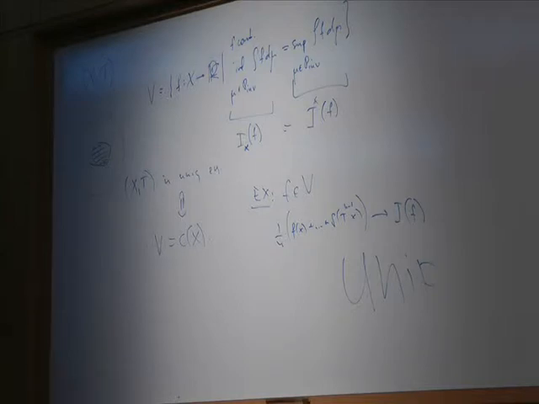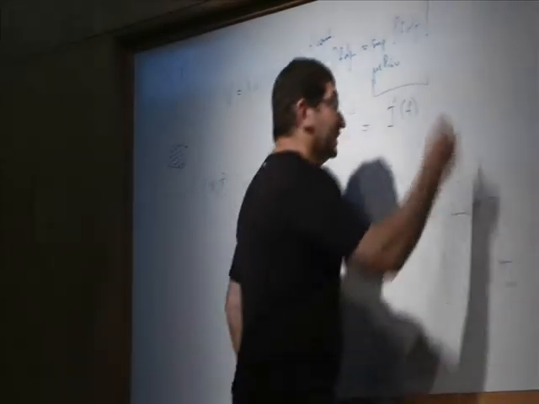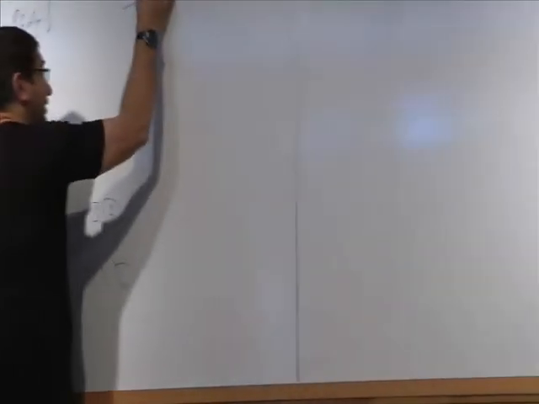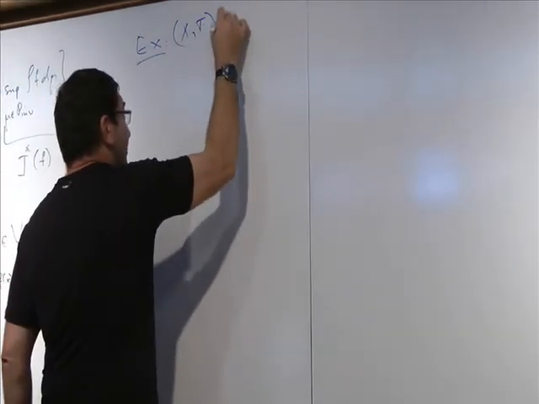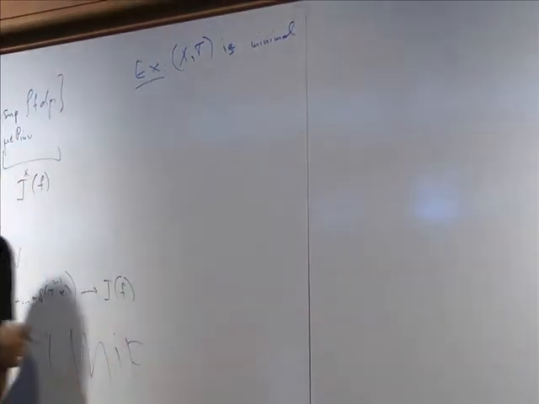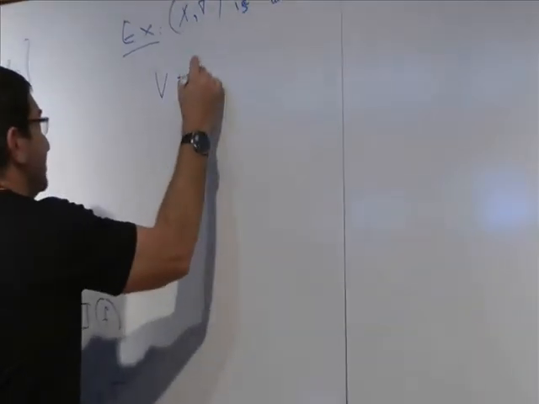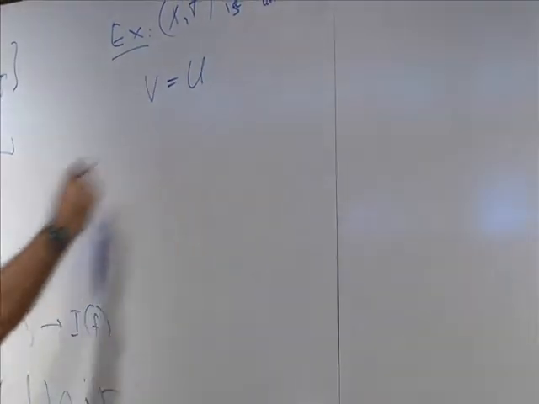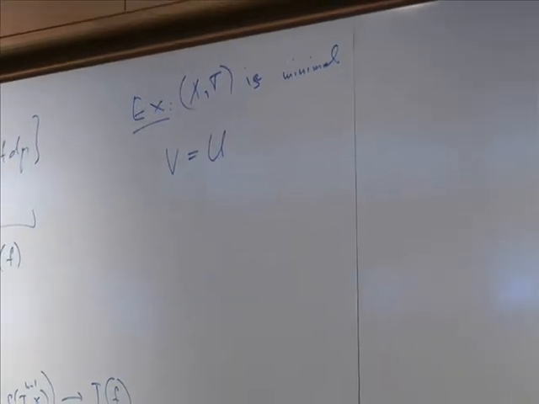And the other exercise, now this second one is challenging, is that if (X,T) is minimal, which means that every orbit is dense, then these two spaces, the space for which uniform convergence holds and the space for which all invariant measures agree on the functions, are the same space.